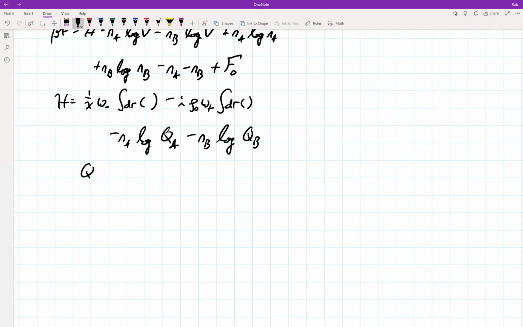So now our QA just becomes 1 over V times the exponential of e to the minus IW plus W minus times, again, an integral of nothing, which is going to give us a volume and just cancel out that volume. And so this is going to give us just e to the minus IW plus minus W minus. Right.